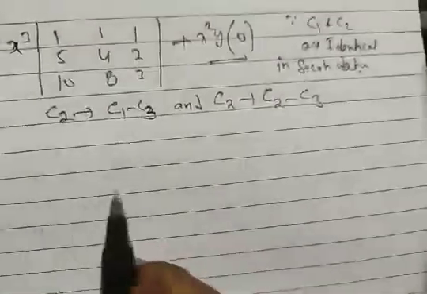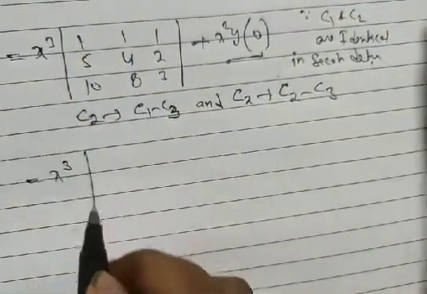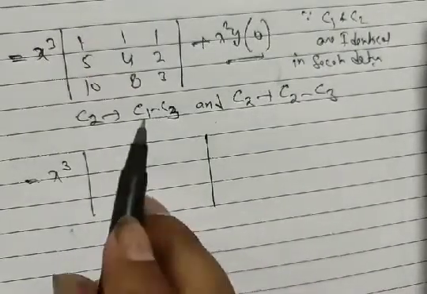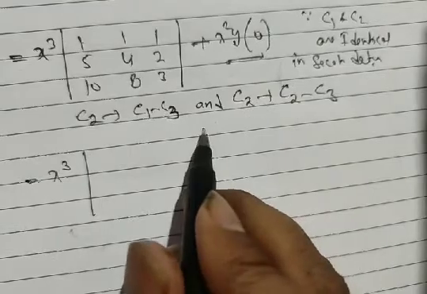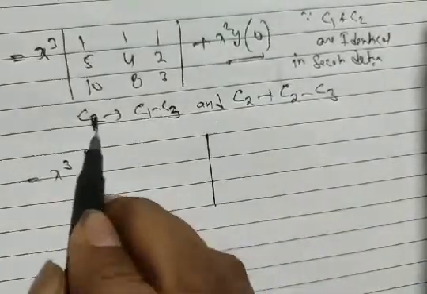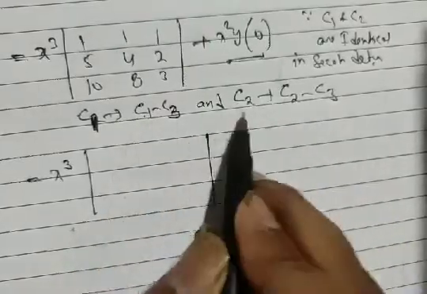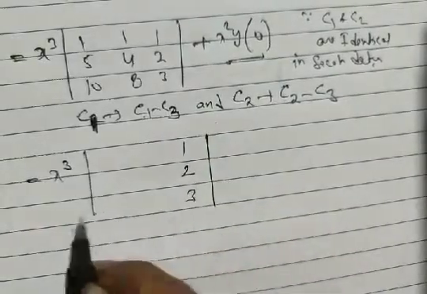Now when we apply this, we have x cube. There is no change in C3, so write down 1 2 3 here.